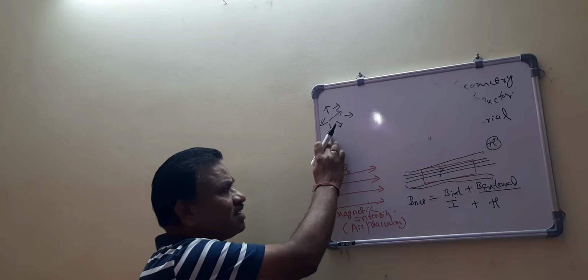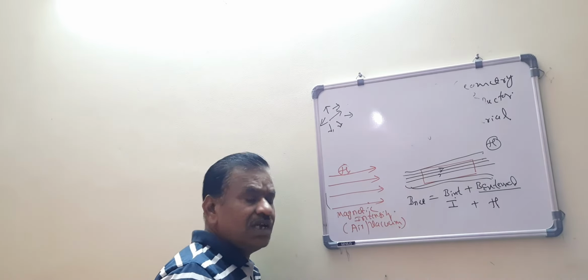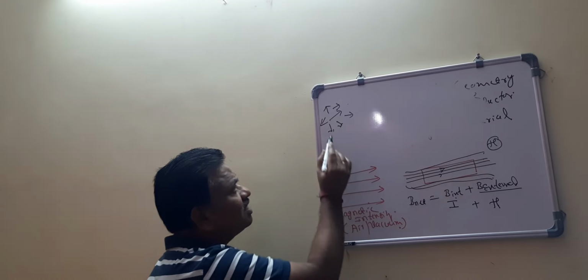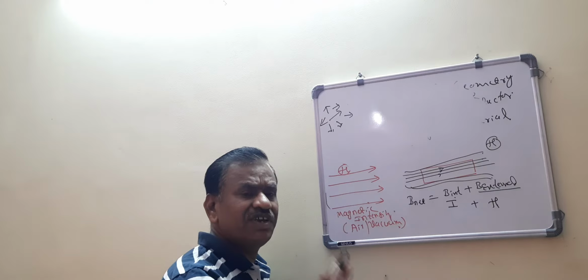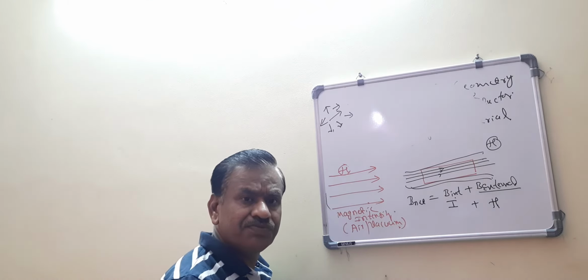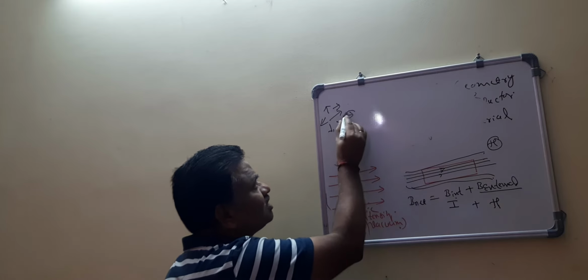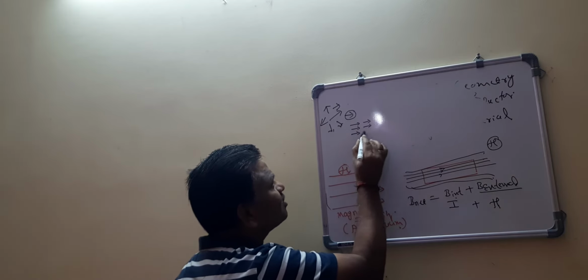Each student is considered as one atomic magnet. When the teacher enters the classroom, each student will be oriented in one particular direction, facing towards the board. Similarly, all these atomic magnets will orient in one particular direction.